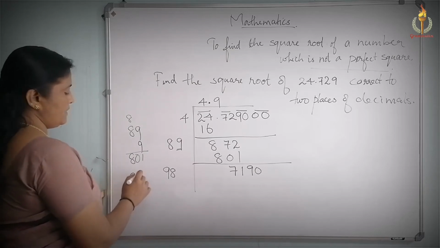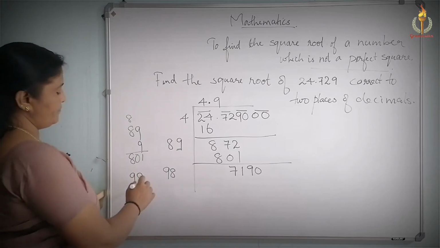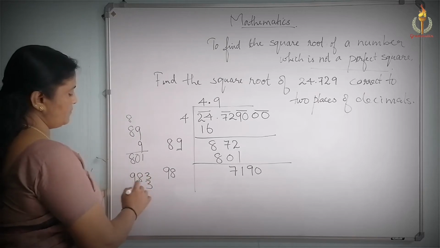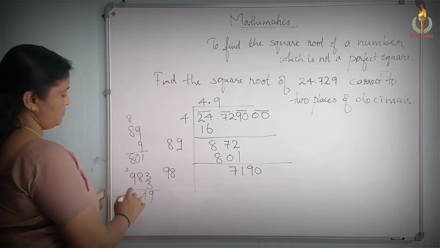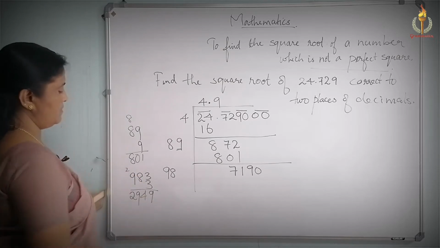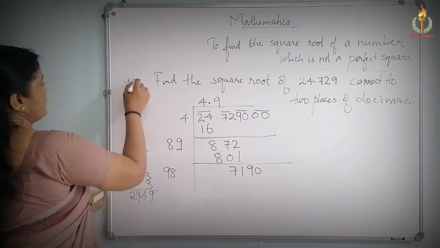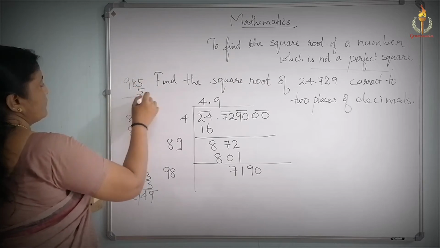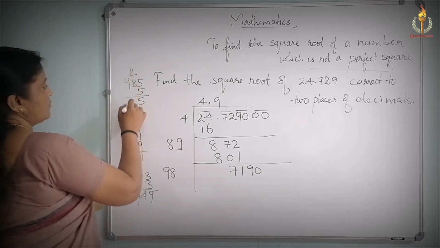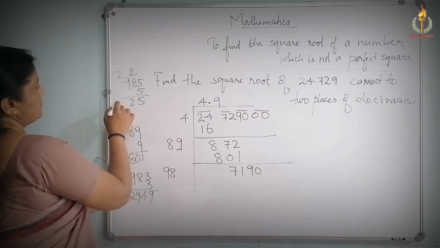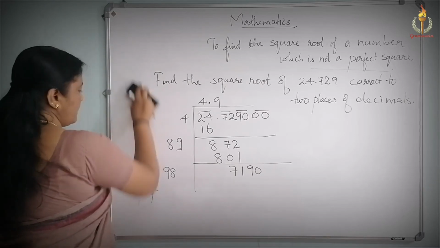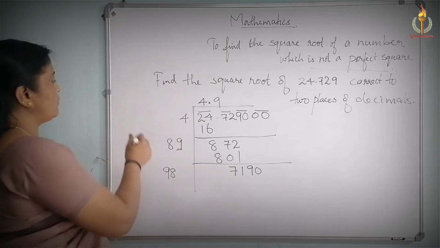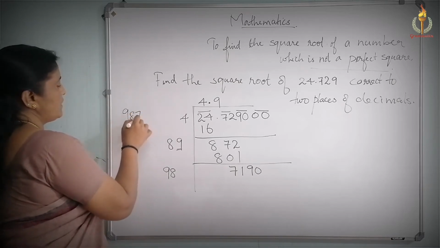So 98, 3 into 3. You have to just do the trial and error method here. You have to just find out the numbers, so we can move on to the higher number.